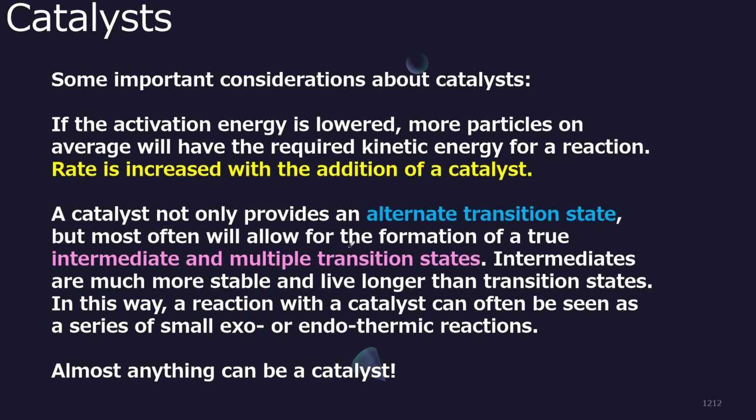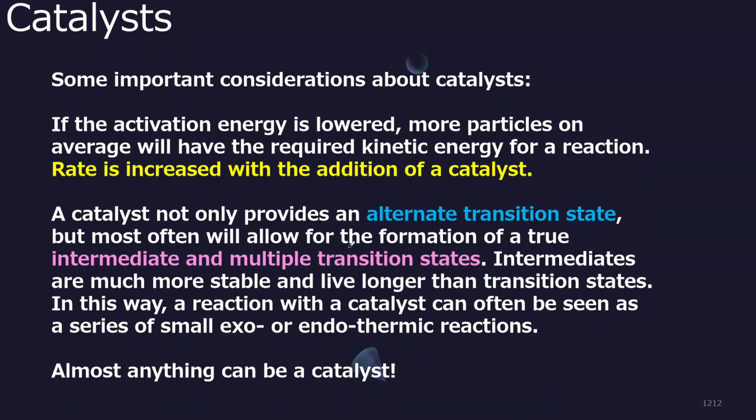Some important considerations. If the activation energy is lowered, as we just said a catalyst does, then more particles on average will have the required kinetic energy for a reaction. Rate is therefore increased with the addition of a catalyst. A catalyst not only provides an alternate transition state, but most often it will allow for the formation of a true intermediate and multiple transition states.